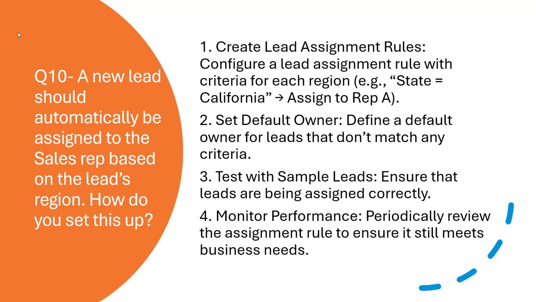So in order to meet this requirement, I'll basically create a lead assignment rule and configure it with the criteria where region equals, like state equals California, assigned to rep A. So I'll define a default owner for leads that don't match any criteria and test with a sample lead to ensure that leads are being assigned correctly. And I will periodically review the assignment rule to ensure it still meets the requirement.